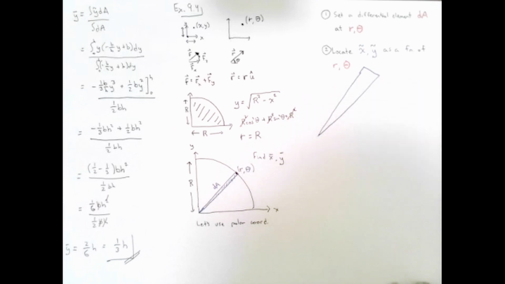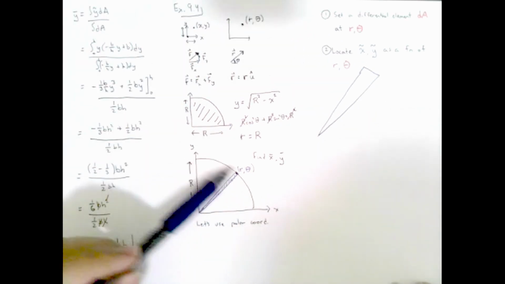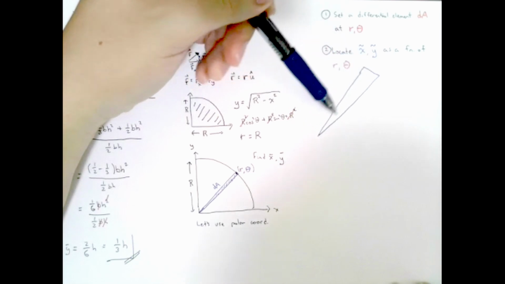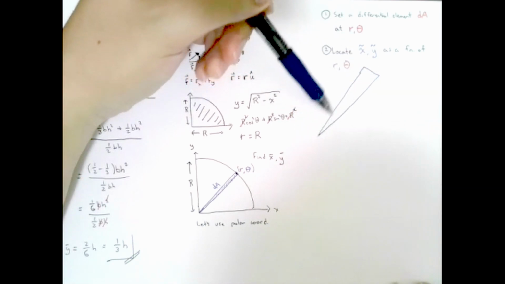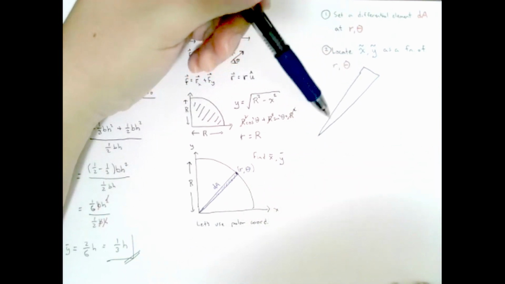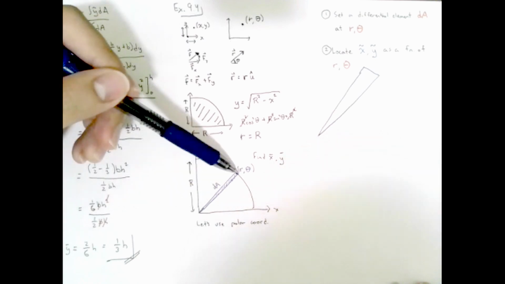However, we know a couple of things about this element, right? First off, does anybody know, if we're using r and theta as our guides, what do you think is this distance, this length of the triangle, this altitude? What do you think is the distance from 0 to the point r theta?